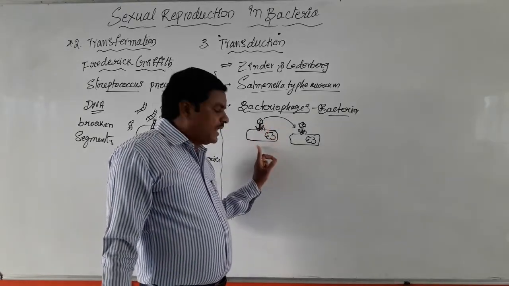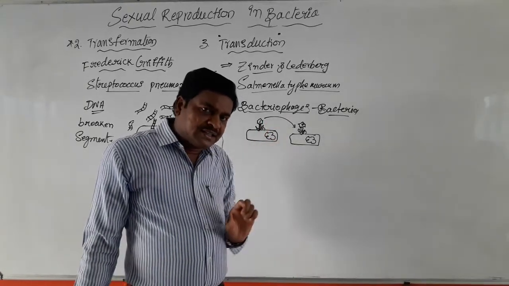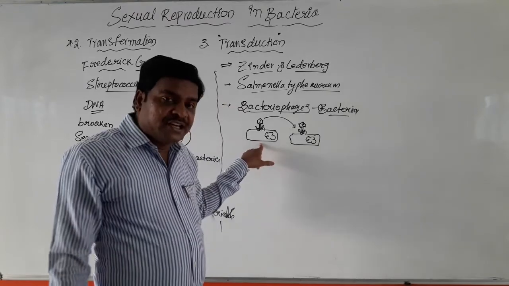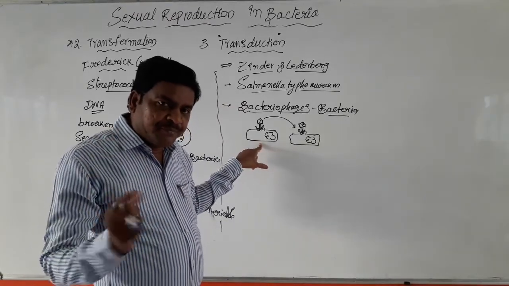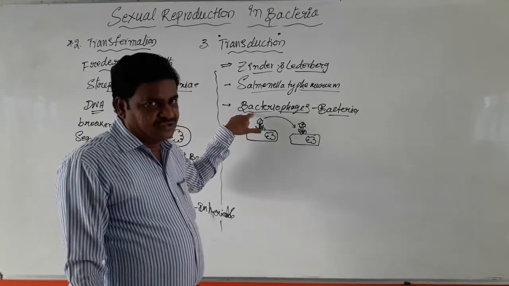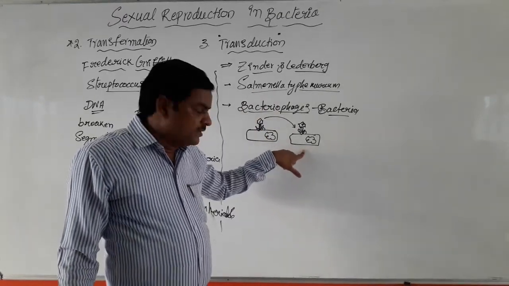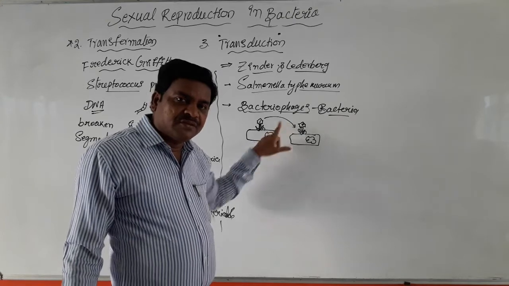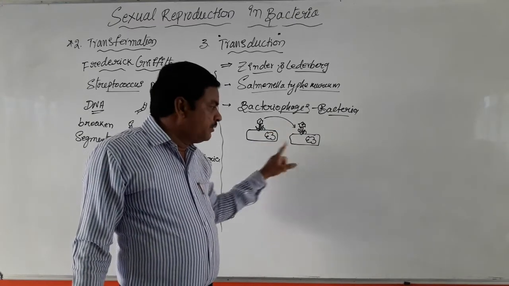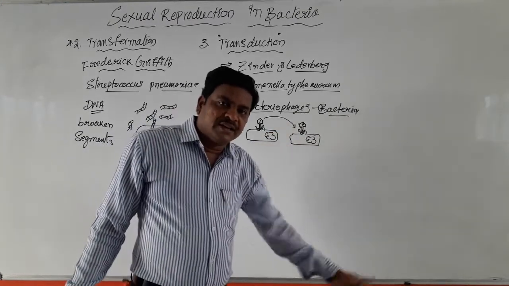Okay, when this virus attacks one bacterial cell, the plasmid DNA present in a bacterium may enter into the virus. While it attacks another bacterial cell, such plasmids of the previous bacteria may be released into the next bacterium.